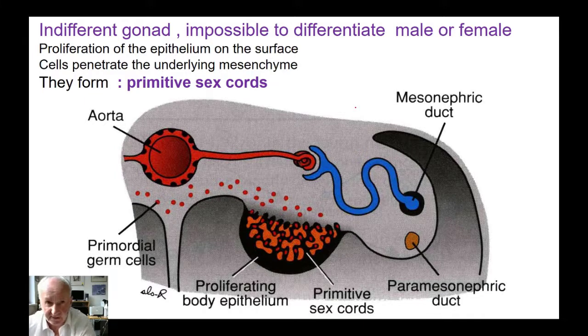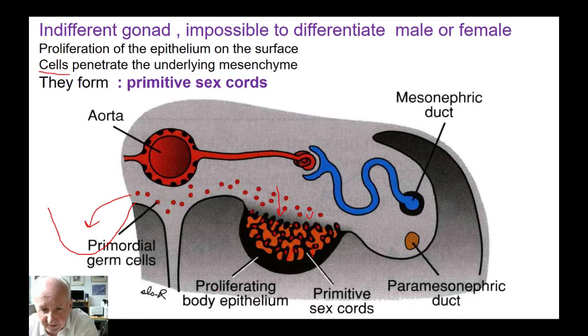And here you see the coelomic epithelium on the surface. Now the cells from the epithelium penetrate inside the mesenchyme. You see the primordial germ cells arriving, the red, and the same situation would be on the opposite side. So they are arriving into the genital ridge.